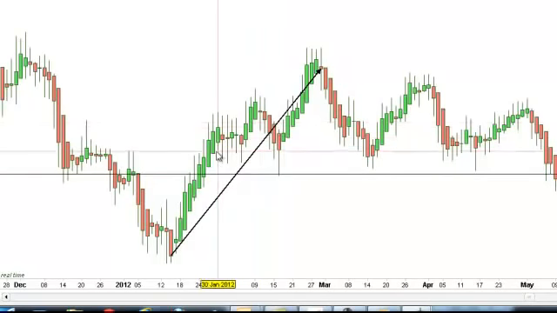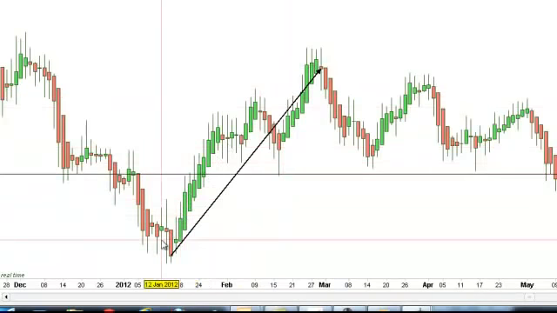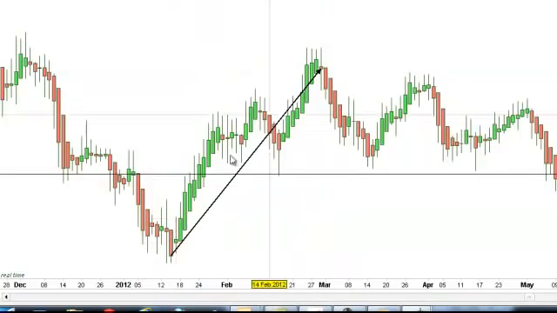And when price came down and touched that mark, that would have been a good opportunity to buy. So as price is going up, we only want to trade with the trend. So we want to buy this pair at that point, but we wait for a market correction to pull down to take us into a buy entry.